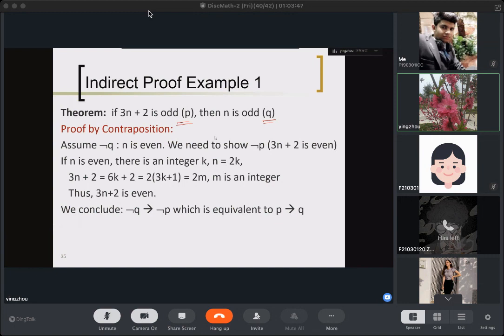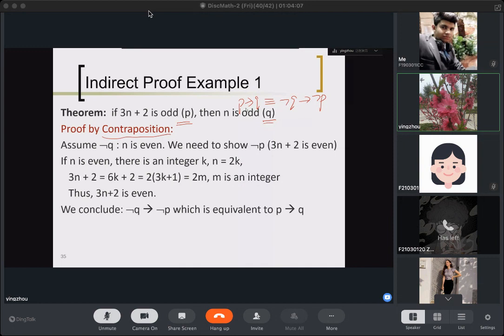We know that P implies Q is equivalent to not Q implies not P, so it is just the contrapositive. This is from the logic rules, which give us the way to do the conversion.